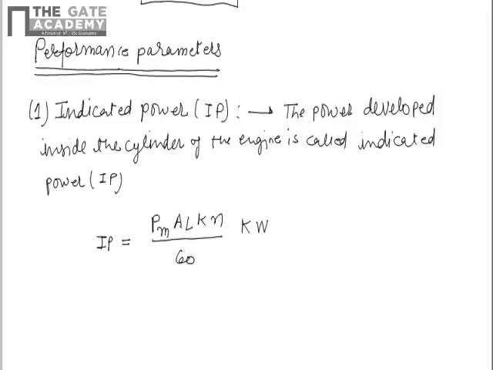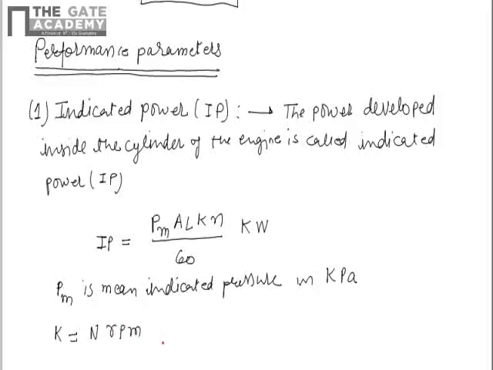Now we have to define PM, K and N. PM is mean indicated pressure, the average pressure inside the cylinder, in kilopascal, and N is RPM.